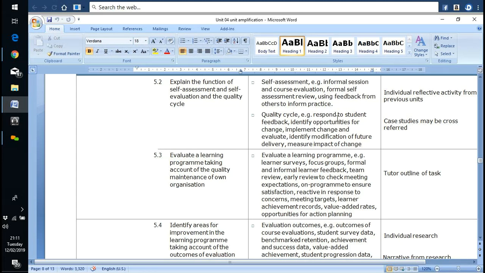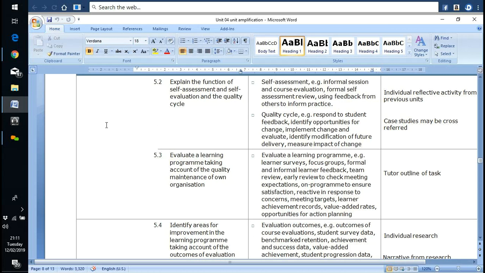The quality cycle itself: respond to student feedback, identify opportunities for change, implement change, evaluate it, and identify modifications of future delivery. Again, what I was talking about earlier, I've modified it through self-assessment and self-evaluation within a quality cycle.